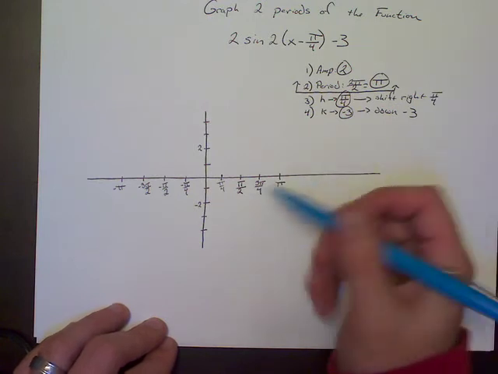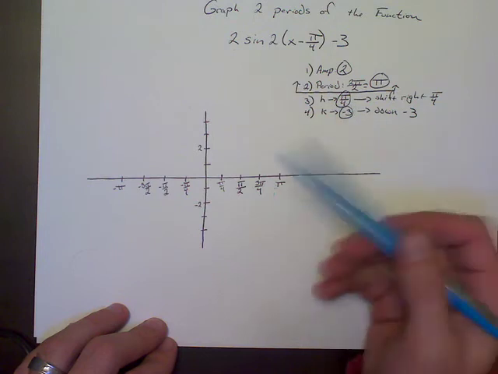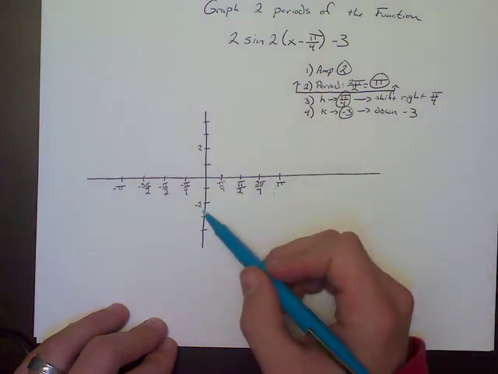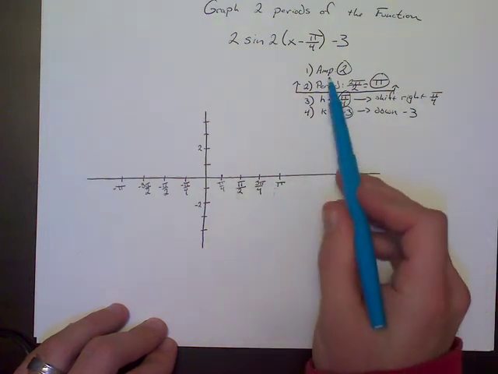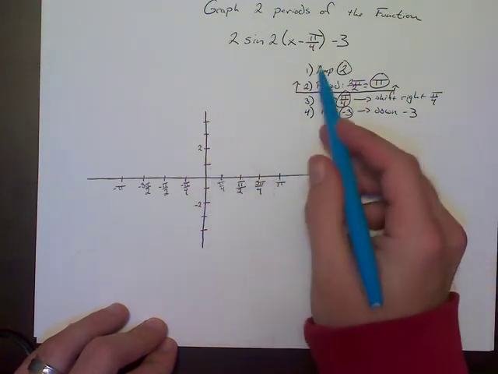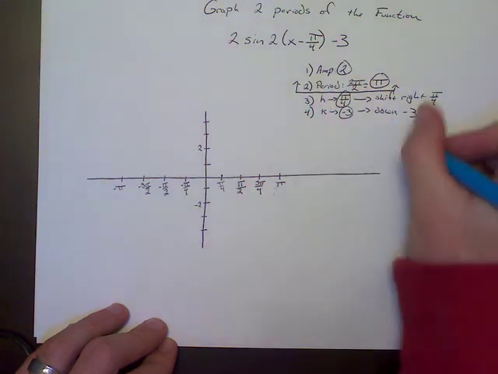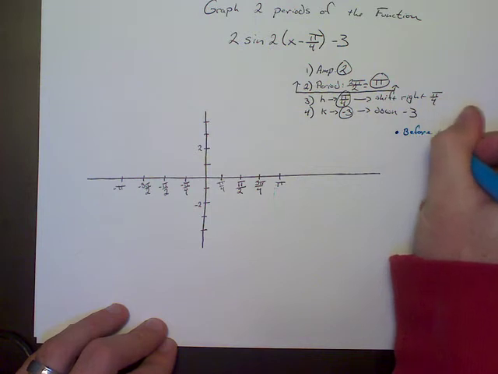I like to use different colors, and it may not be a bad idea for you as well. Organization here is key, because it makes life a little easier. So in blue, I'm going to graph this first part, just steps 1 and 2 before the shift. The blue dots are before the shift.